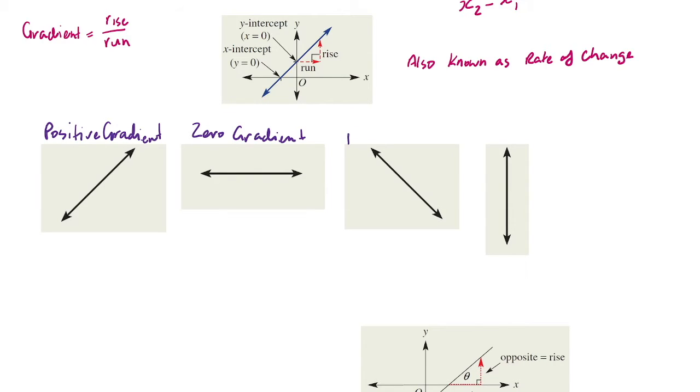We have our negative gradient, and our negative gradient goes from left to right on a downhill trajectory. And then our last one here is undefined. We call it undefined because it doesn't really have a slope. It's just straight up and down, so it's undefined.